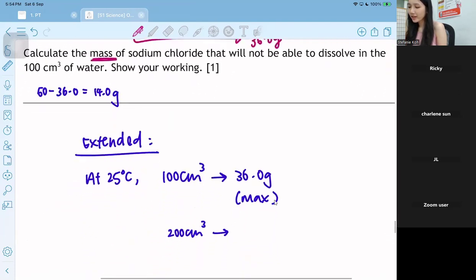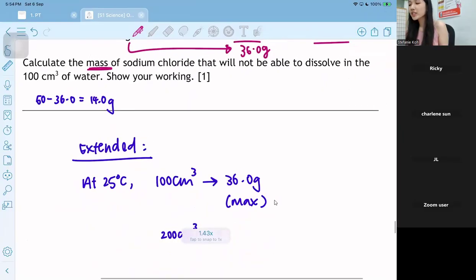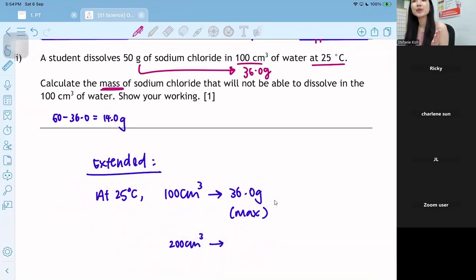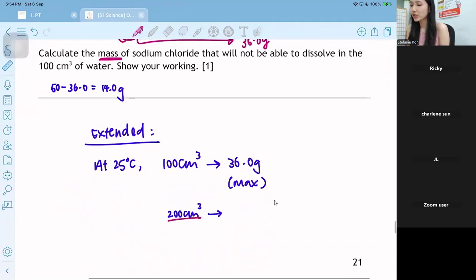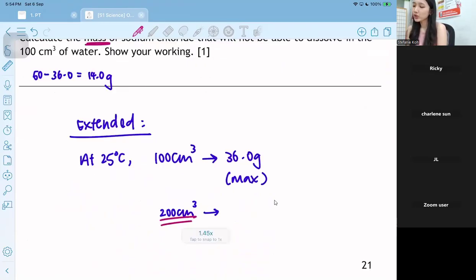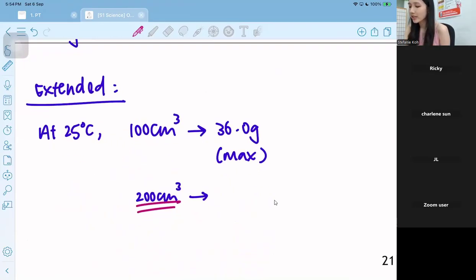Now, going further, what if the question gives you, instead of 100 cm cube, it gives you 200 cm cube and this 50 grams of sodium chloride? Then how do you tell? What is the maximum that can dissolve in this new volume? So if in 100 cm cube, I can dissolve 36, 200, you just times 2.